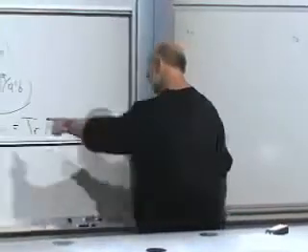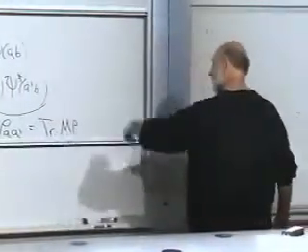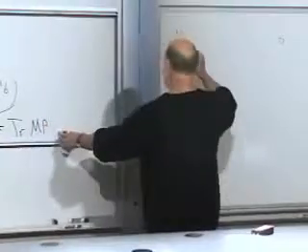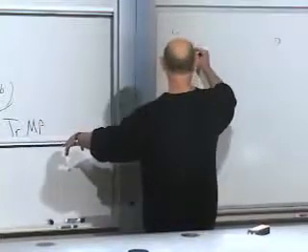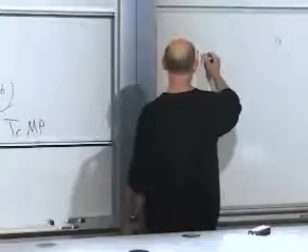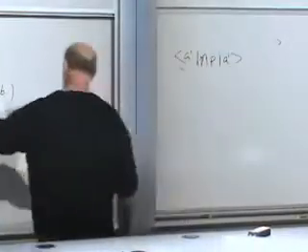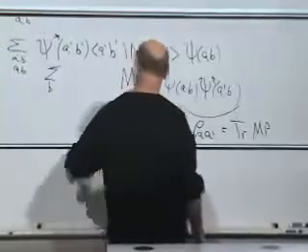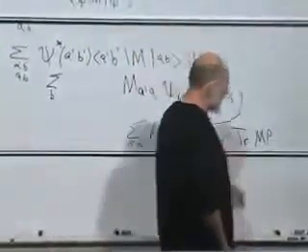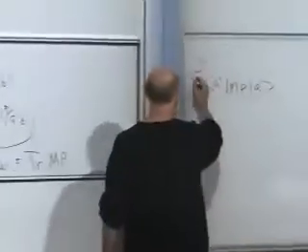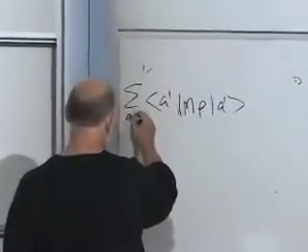Okay, so let's just calculate the trace of M. We can write it as A prime M rho A prime, summed over A prime. All of this is summed over A and A prime. All right, this is the trace. This is the definition of the trace.